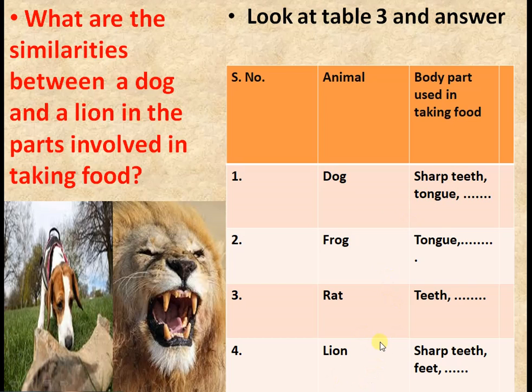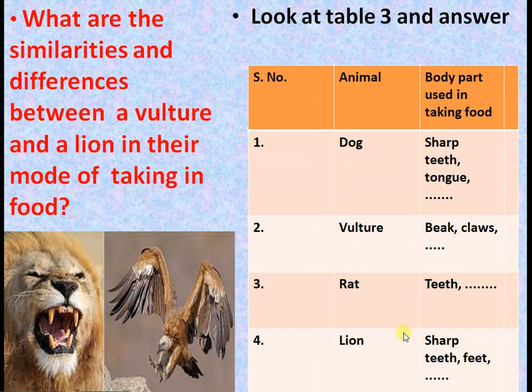Lion uses sharp teeth and feet. What are the similarities between vulture and lion in their mode of taking food? Vulture uses beak and claws. Lion uses sharp teeth and feet to collect the food.